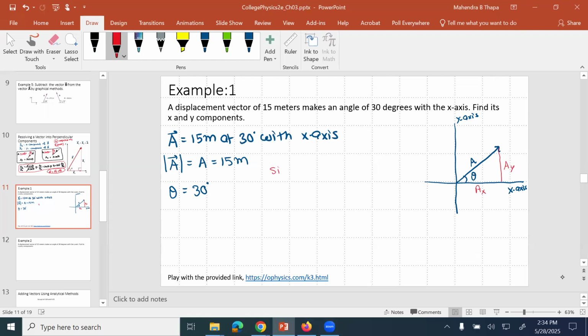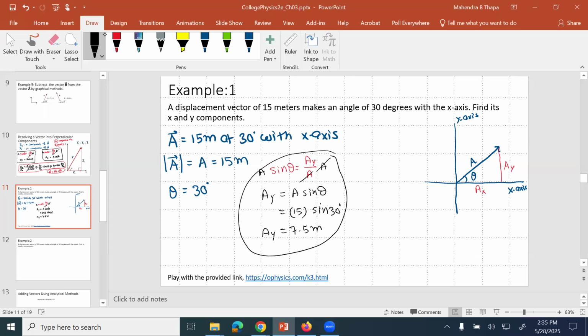Sine theta equals AY over A. Again, I multiply both sides by A, this A cancels out. So AY will be A sine theta. A in this case is 15 meter and sine 30 degree. This gives you 15 times sine 30, which will be 7.5 meter. So AY is 7.5 meter, your A is 15 meter, your angle theta is 30 degree here.